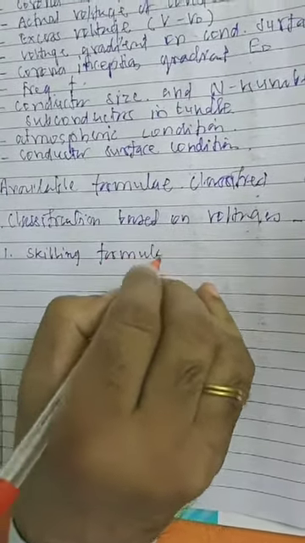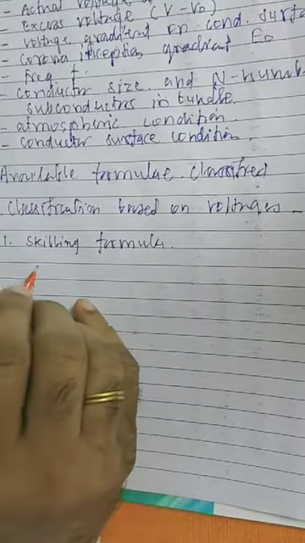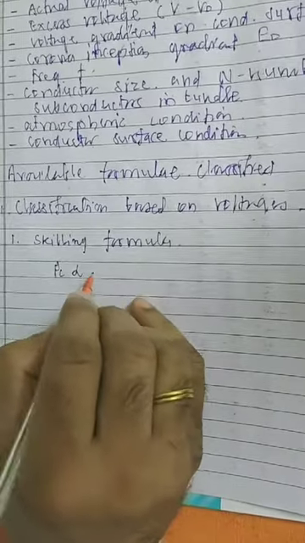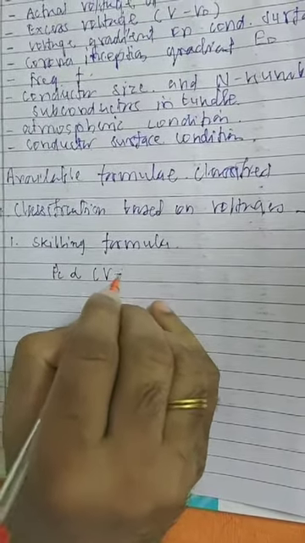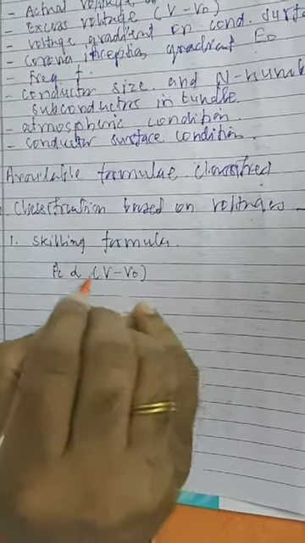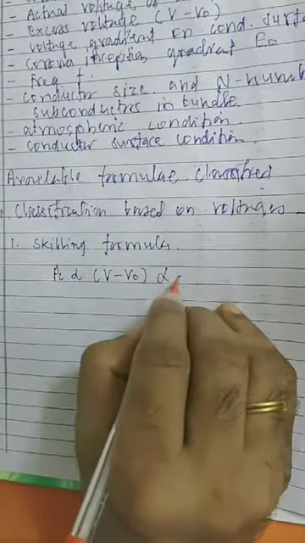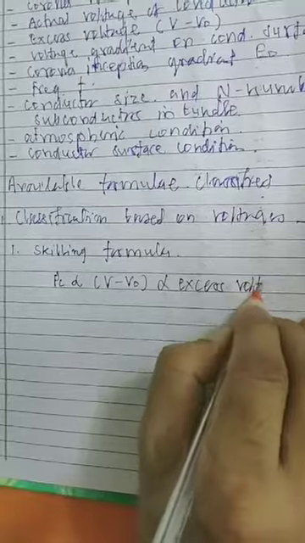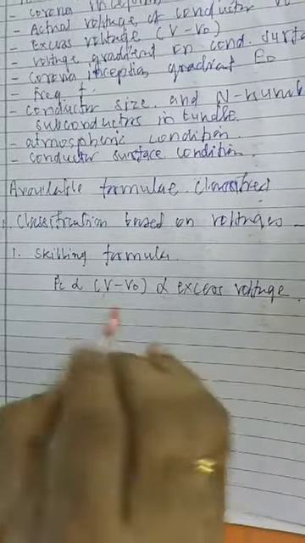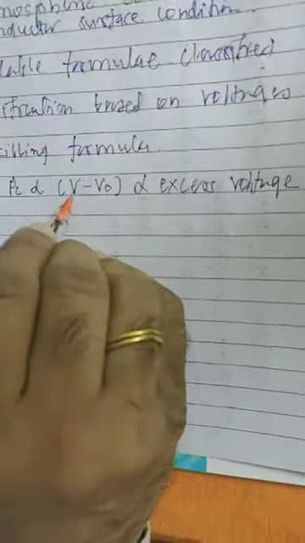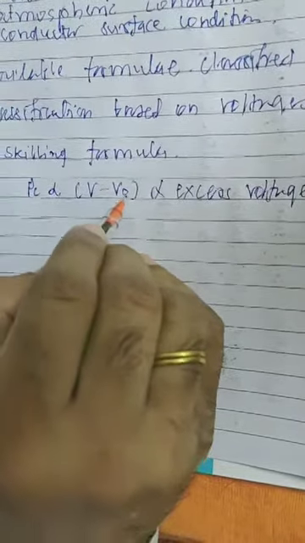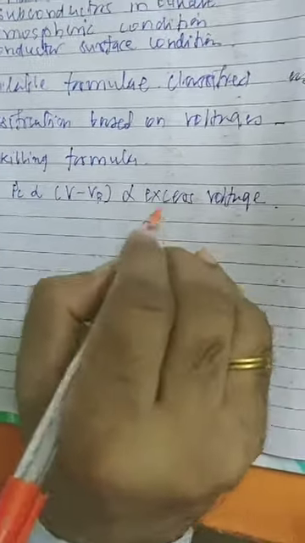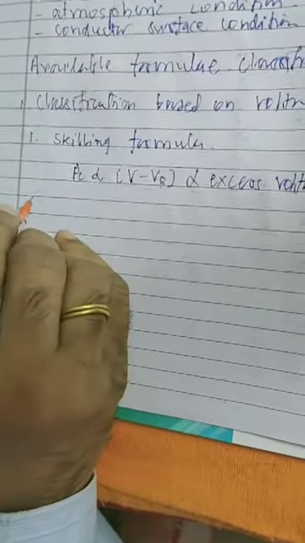Skilling says corona loss PC is directly proportional to V minus V0. This is nothing but excess voltage above V0. V is the line voltage and V0 is the corona inception voltage. So V minus V0 is excess voltage on the conductor.